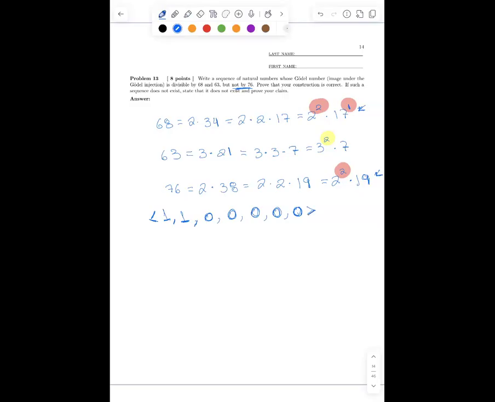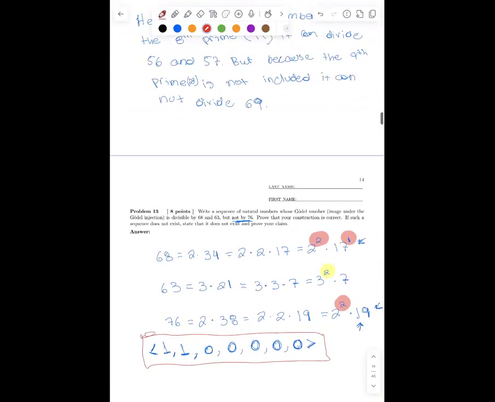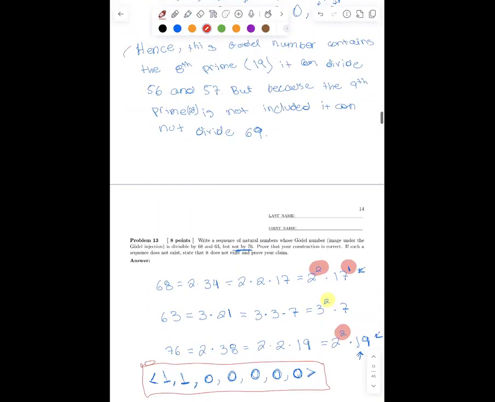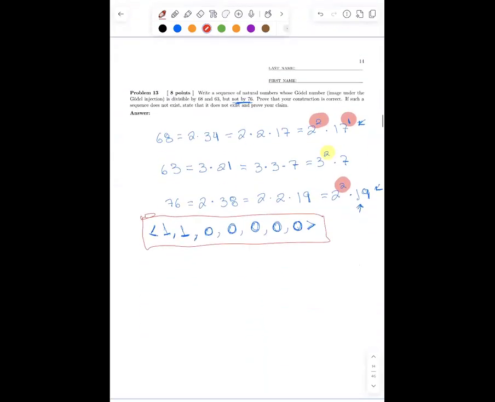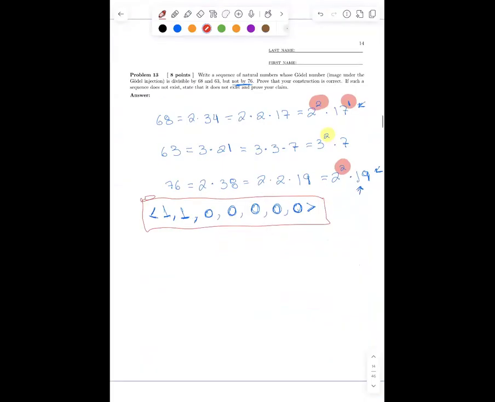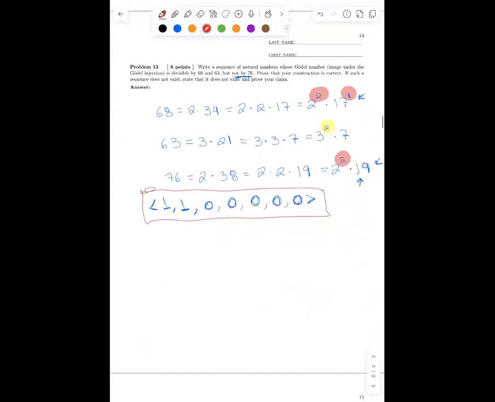I'm not going into the prime number 19, because if I use it, it will be divided by 76. So my sequence will look like that. And then the explanation that you will give is basically the same as here. It's the same thing over and over again. Are we okay with that?